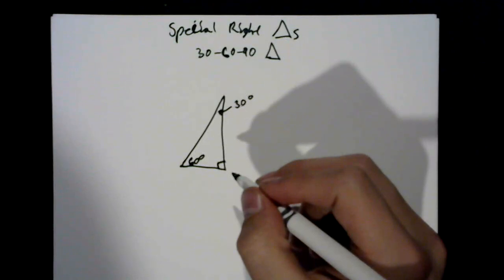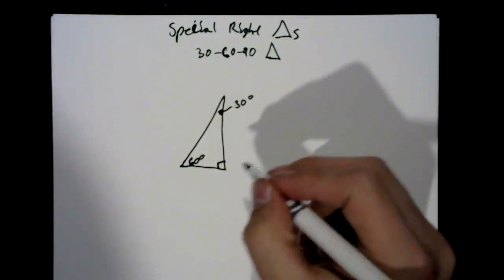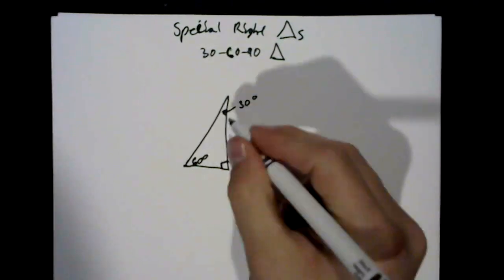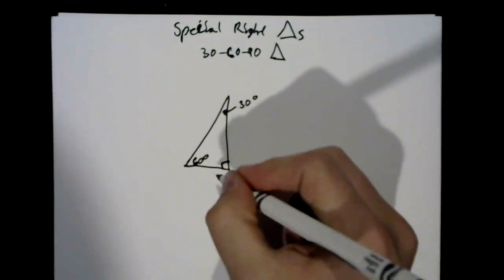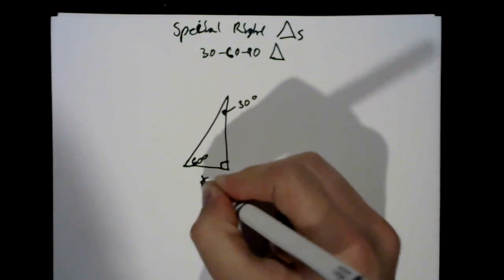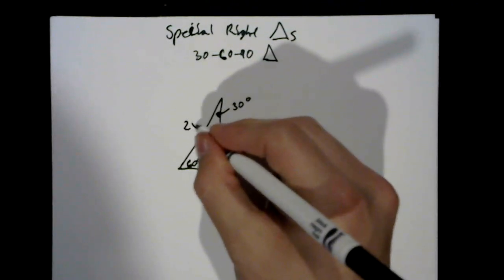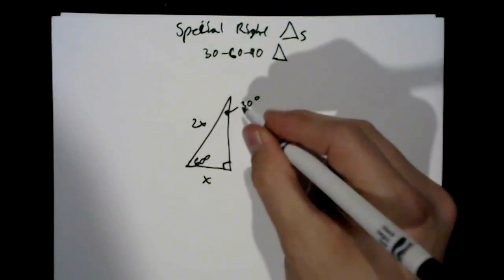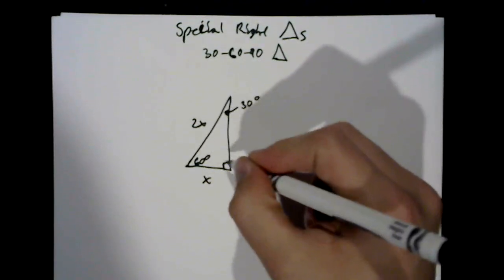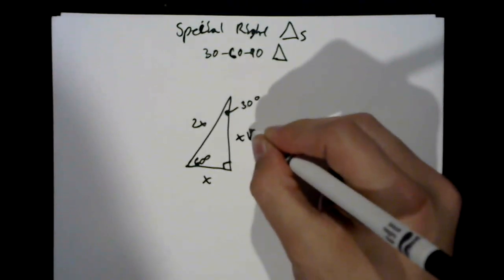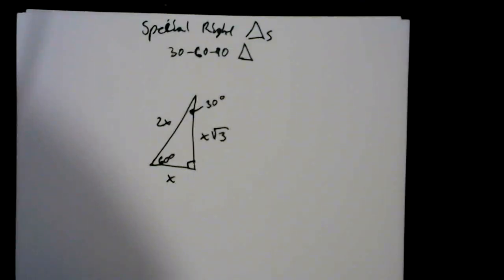So the 30, 60, 90 theorem says that the bottom leg that's opposite of the 30-degree angle will be x. The hypotenuse will be 2x, and the other leg that's opposite of the 60-degree angle is x square root 3.